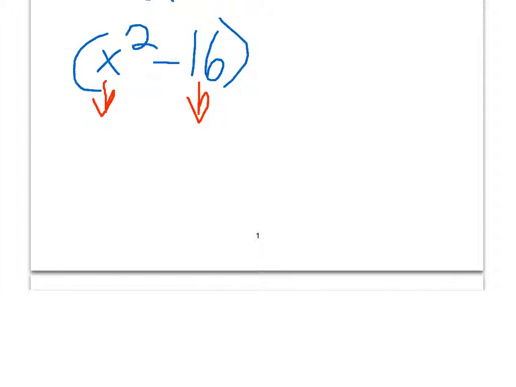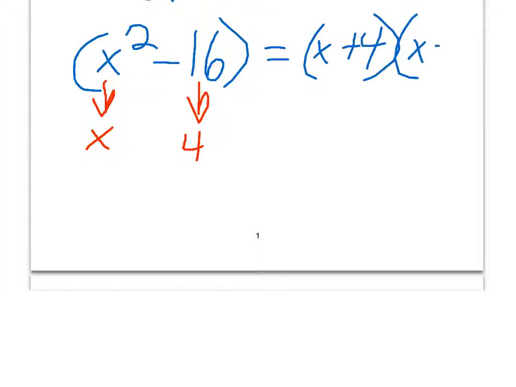The square root of x squared is x. Square root of 16 is 4. So when we factor it, we just follow the formula. We get x plus 4 times x minus 4. And you can actually do those in any order you want to. You can put the minus first or the plus first, either one.